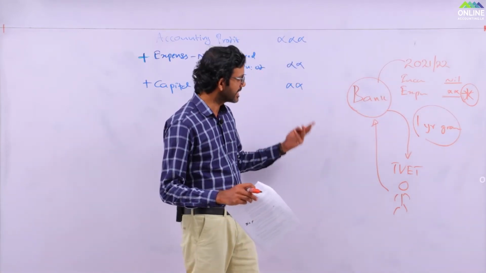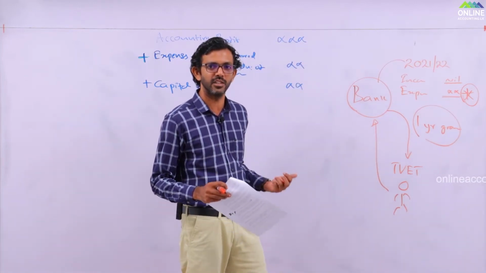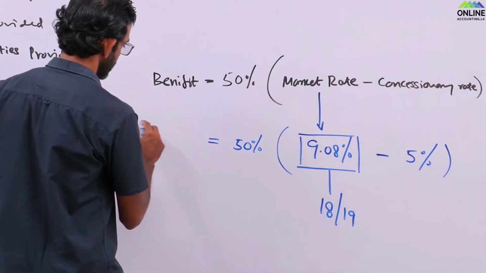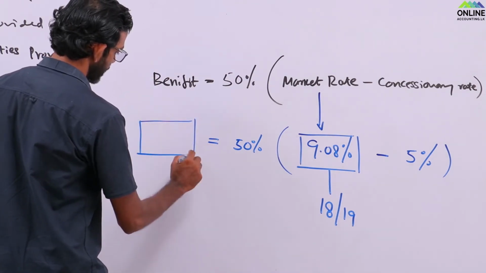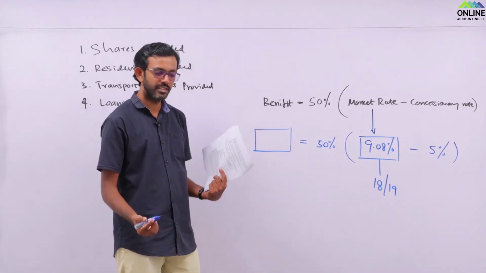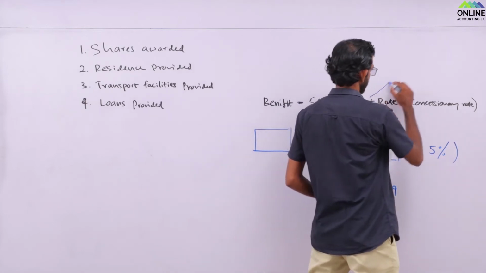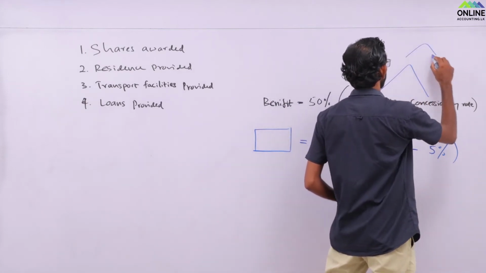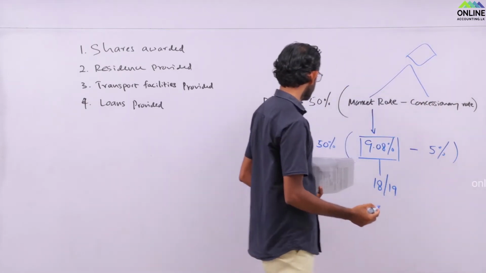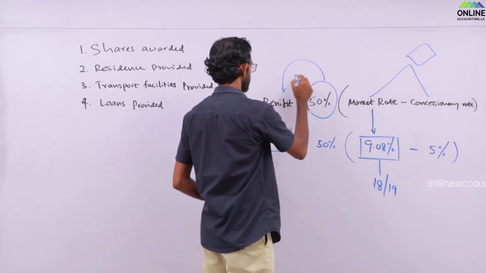It is clearly incurred in the production of income, but the income will be generated from the second year onwards. Here would be your benefit. Understand? Generally, if you forget about the formula, what is the benefit? Actually, this is the benefit. But for tax purposes, they consider only 50%.